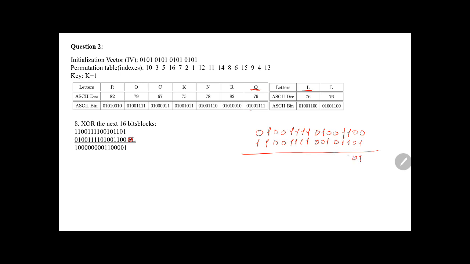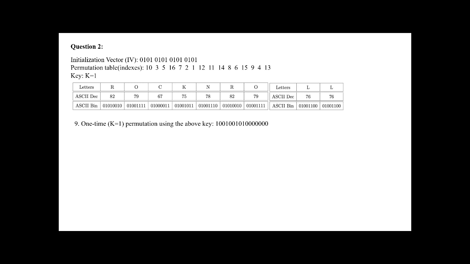So it will be 1, 0, 0, 0, 0, 1, 1, 0, 0, 0, 0, 0, 0, 0, 0, 1. So we do our permutation. I will just skip to it for this one. It will just be the same as the last ones. So this is our permutation: 100, 100, 10, 10, and the rest zeros.